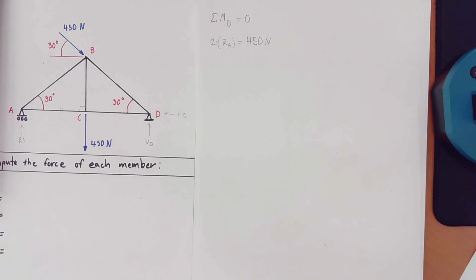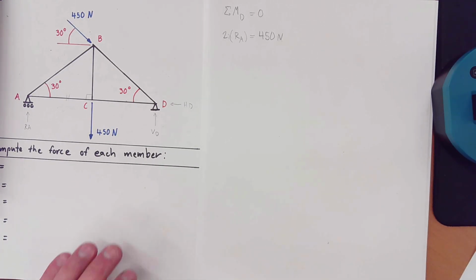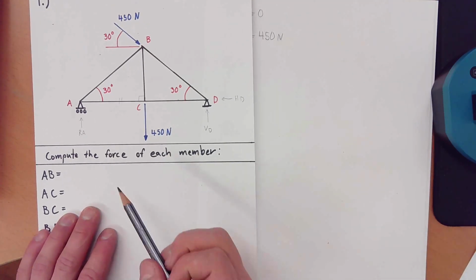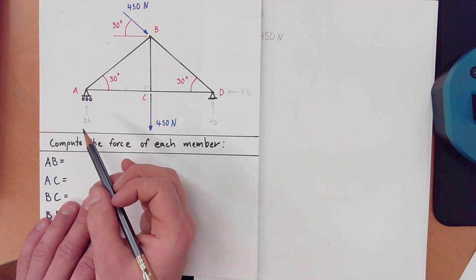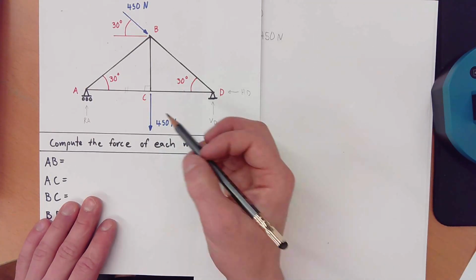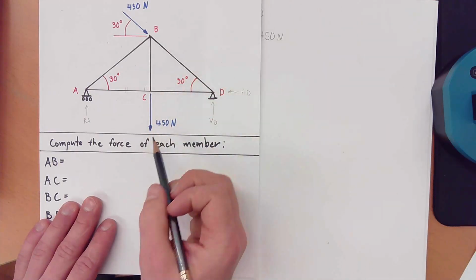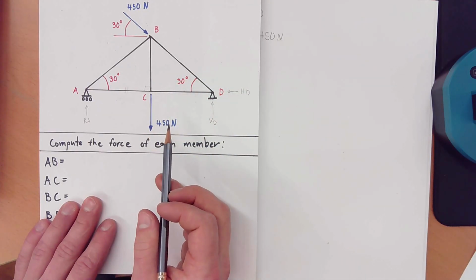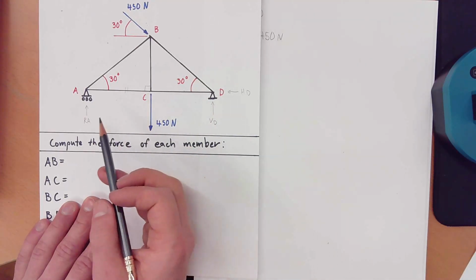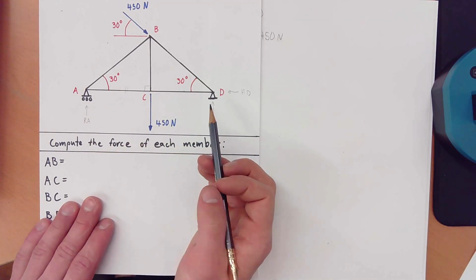All right, so to start our equations, we are going to start to define some pieces on our diagram here. So the first thing we need to start looking at is the directions that our forces are being acted on. So on this truss, we have 450 newtons of force acting directly on both of these supports.